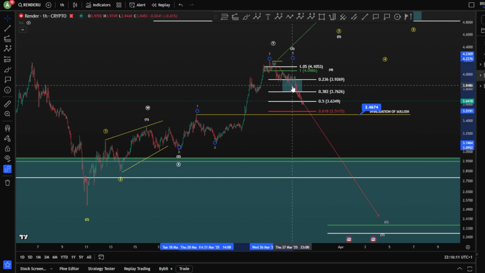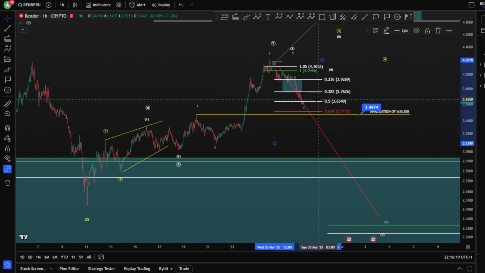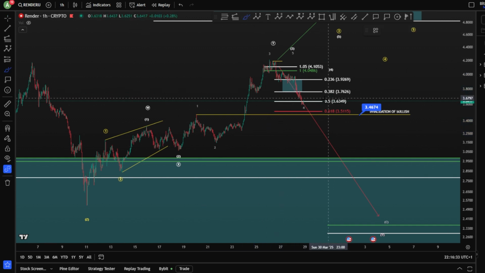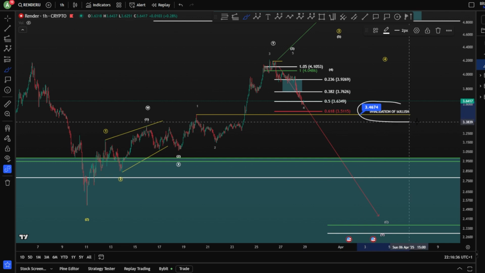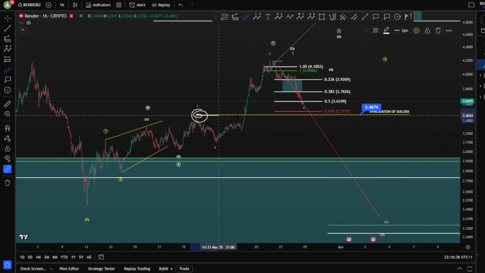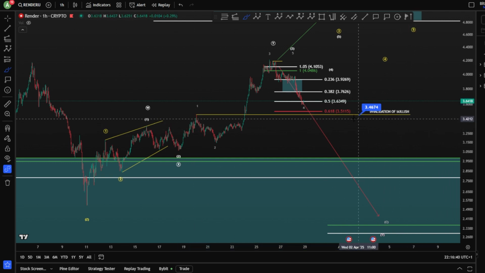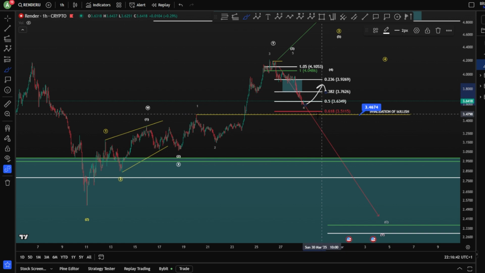This wave 4 was supposed to be the blue box, but it went very, very deep. Currently, we are ranging at the 0.5 fib level, which is still, of course, a fib for a wave 4. And since we are still in between the fib level of a wave 4 and no invalidation of bullish, no interfering with the zone 1, that means, of course, we are tending to be bullish.